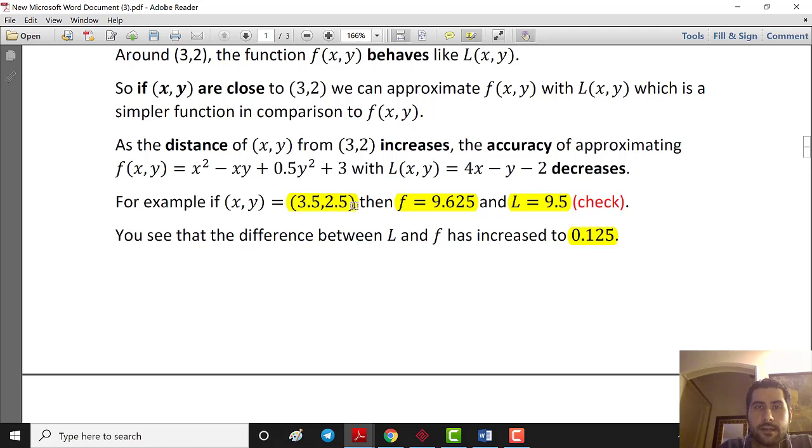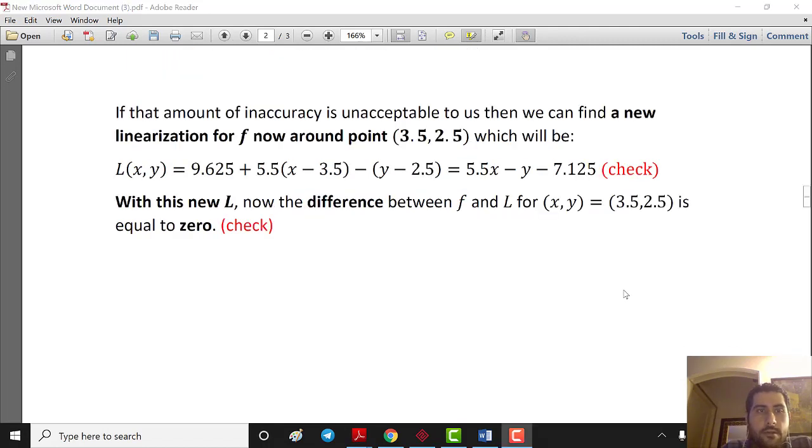What is the meaning of that? The meaning is that as the distance of x and y from 3, 2 increases, the accuracy of approximating F with L decreases, right? Now, guys, what if you tell me that this amount of inaccuracy is unacceptable?